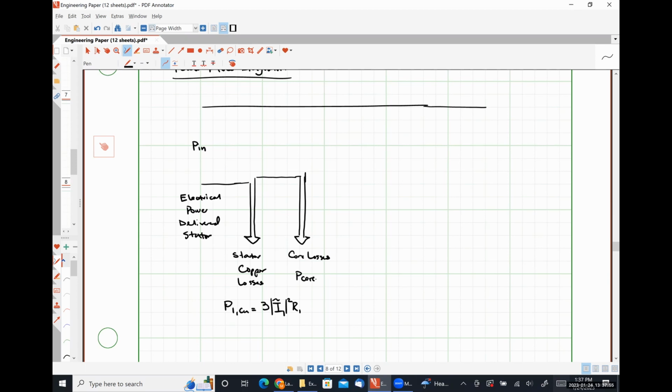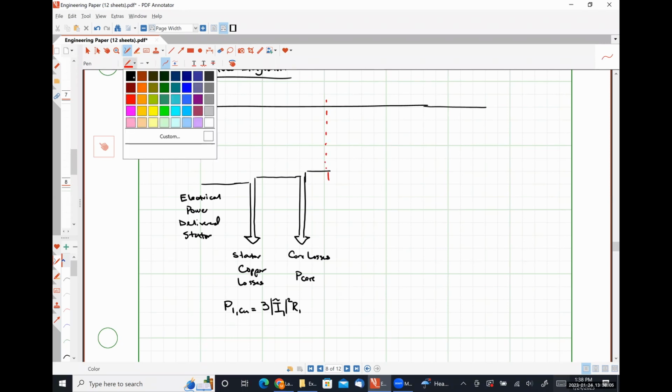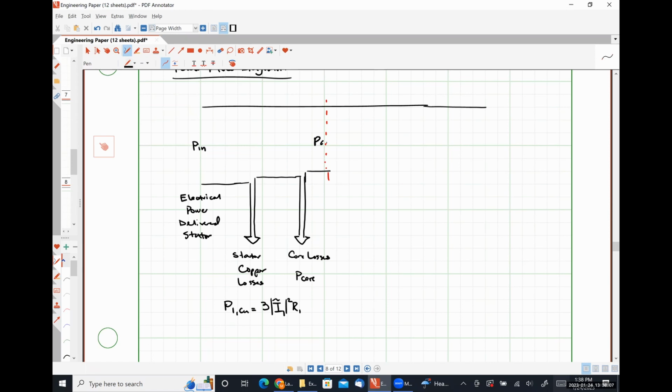Okay. So at this point, these are our losses in our stator. And so we've now hit our air gap, right? So at this point, everything that's left is power delivered across the air.